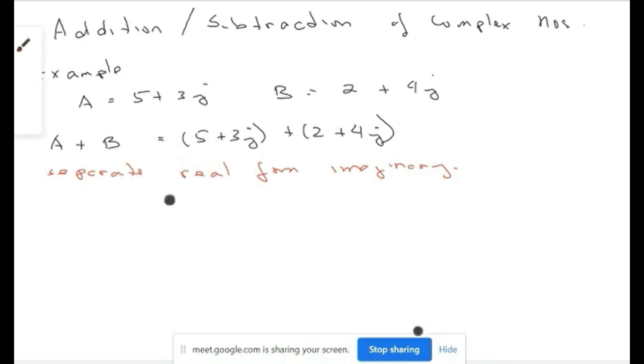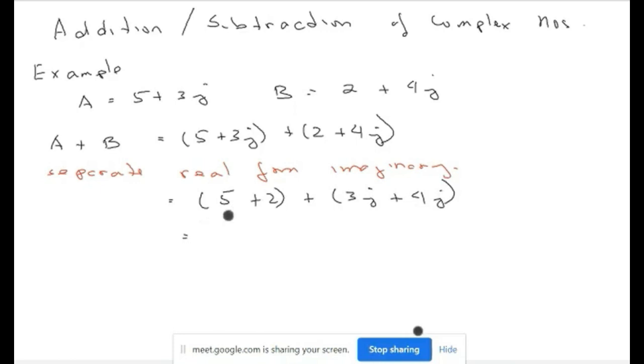If you're going to add them now, this will be 5 plus 2 plus, then we separate the imaginary, 3j plus 4j. Then you add the real.